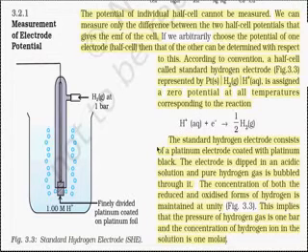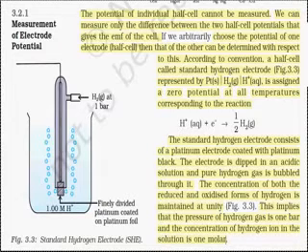Now the standard hydrogen electrode over here consists of a platinum wire which is sealed in a glass tube and has a platinum foil attached to it. The foil is coated with finely divided platinum and acts as a platinum electrode.